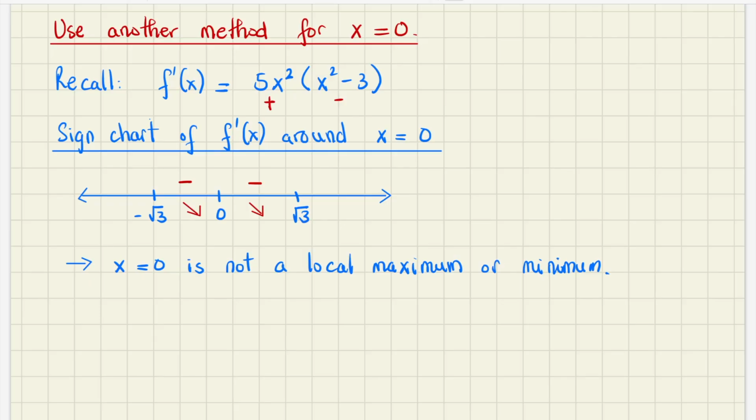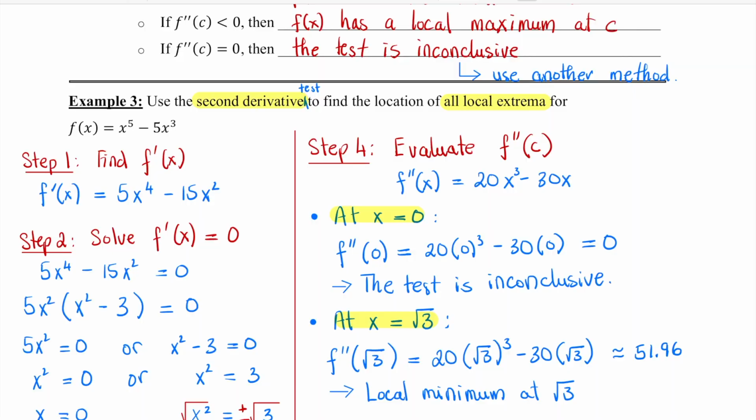So we have a local minimum at x equals root 3 and a local maximum at x equals negative root 3. The question asks for the location of the local extrema. That means we have to find both x and y coordinates of the local extrema.